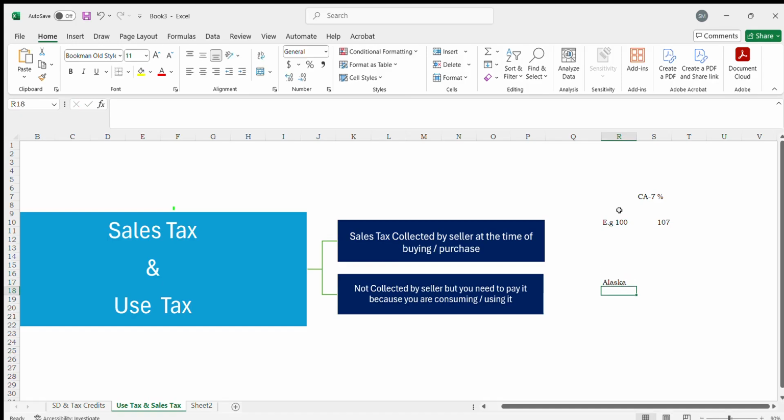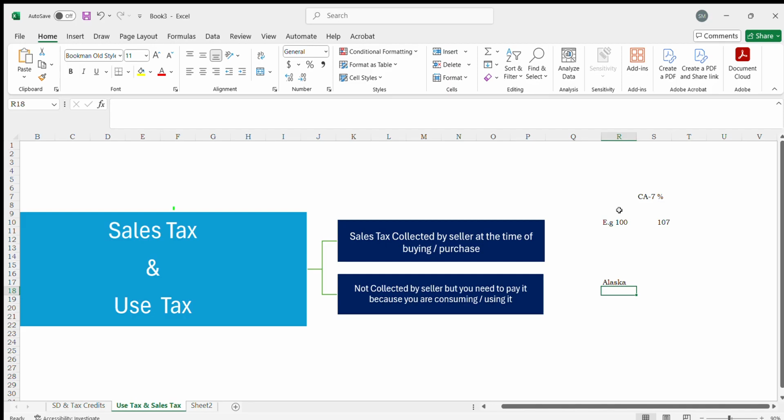Now Alaska is a state where there is no state sales tax. They have taxes at the county level, and there are some counties where they charge tax, but there is no state sales tax. So you buy something from Alaska, and since there is no state sales tax, they are not going to charge you any tax.